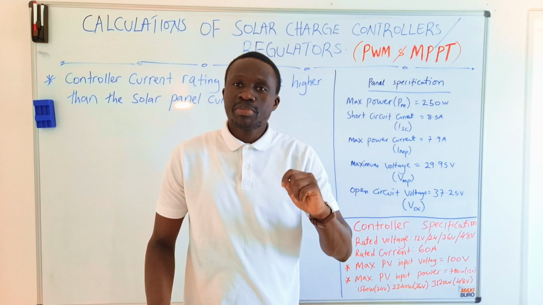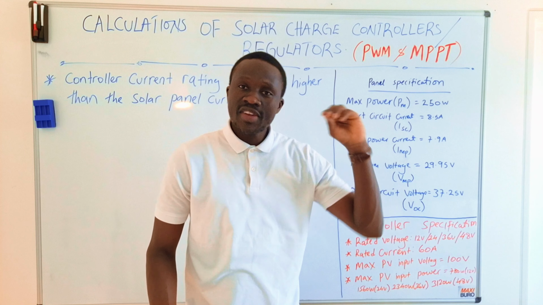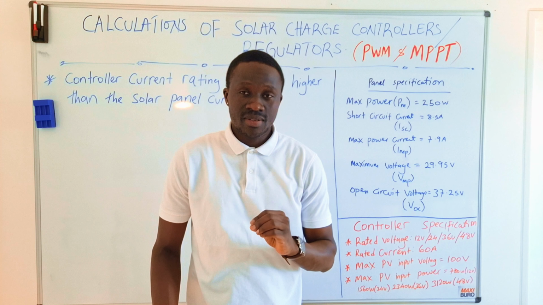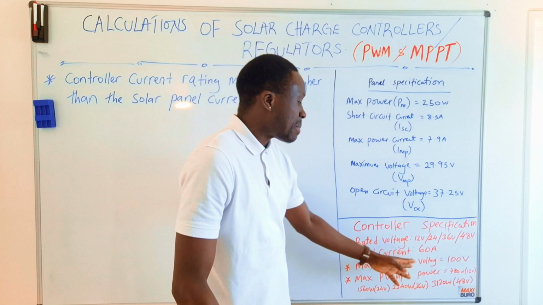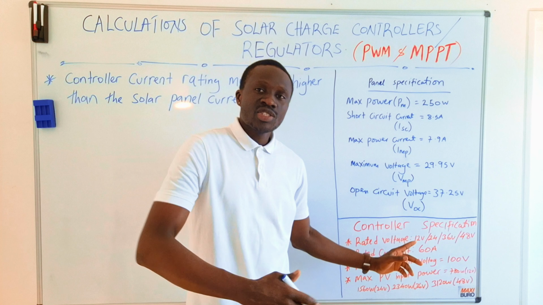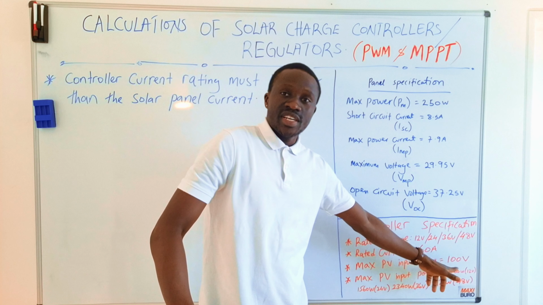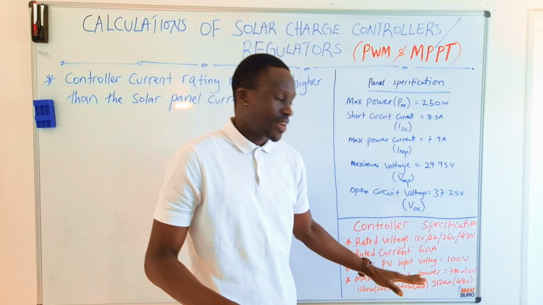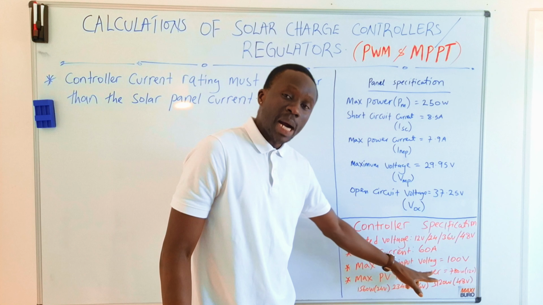Now, a panel may be producing 21 volts. One panel. If they are two, that is 42 volts. If you add those 21 volts until you get 100, that is the maximum PV input voltage this regulator can handle. Okay, we go on to the maximum PV input power.